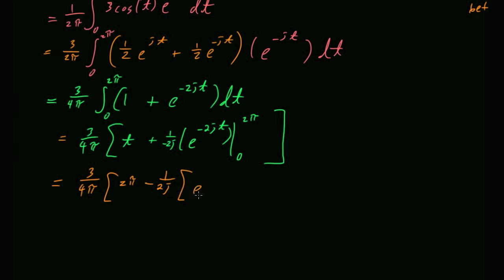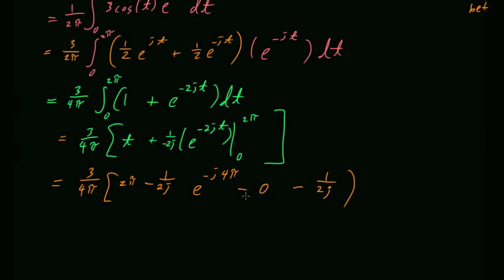Okay, I like that. So now it's minus, and now I have to sub in the 0. If I sub in 0 for t, I get 0. And if I sub in 0 for this t, I get 1. So it's minus 1 over 2j. Now I got some simplifying to do. 1 over 2j cancels.